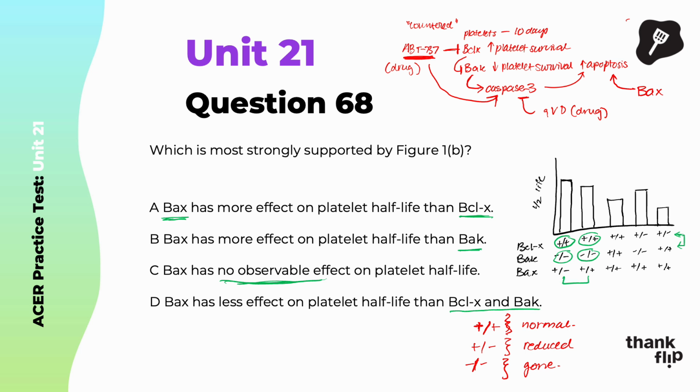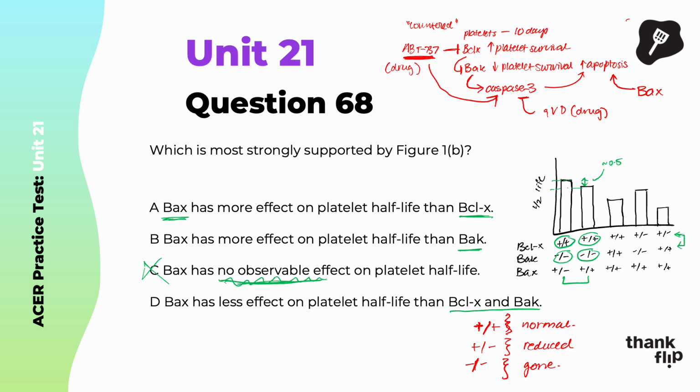So we can see here that reducing BAX has this effect on half-life. And if you look at your copy, it's a lot easier to see how it corresponds to the values. It's around 0.5 days of half-life difference, okay? So we can see that there is an observable effect, so we can eliminate this option.